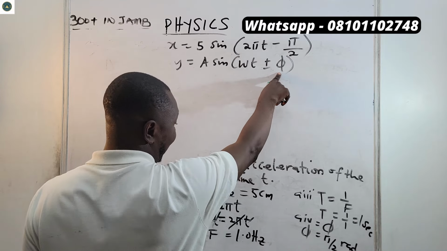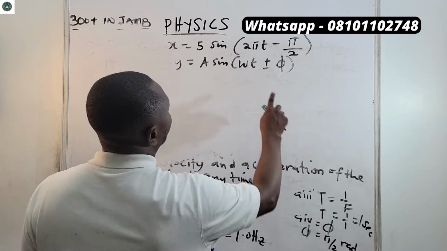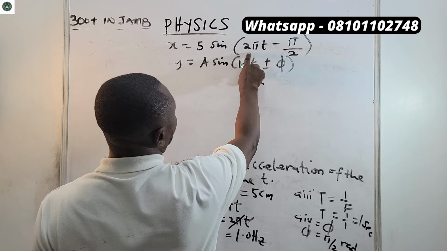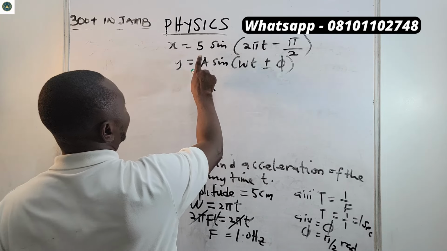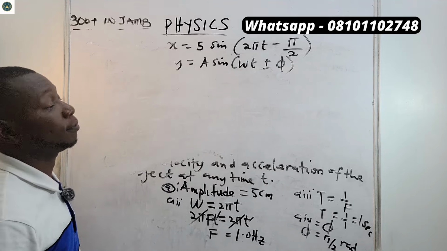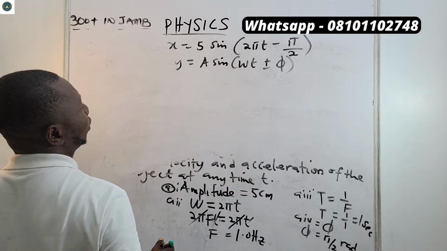So here the phase angle is pi over 2. Omega t is 2 pi t, and A is 5, that was why the amplitude was 5. Now our major concern is to get the velocity.